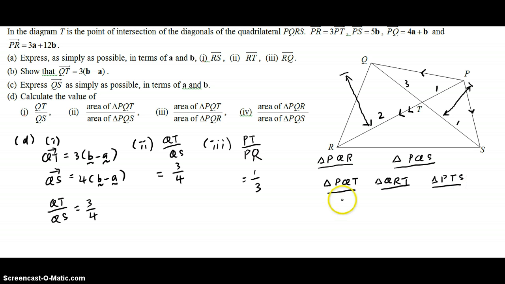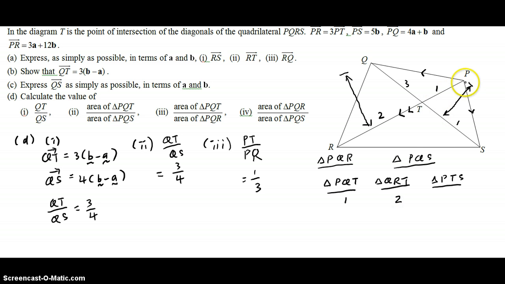Now let's look at the ratio. What is the ratio of PQT to QRT? You notice from here, you worked out the ratio of this is 1:3, so therefore the ratio of this to this will be 1:2.